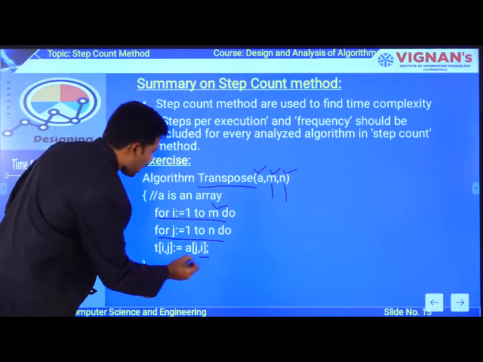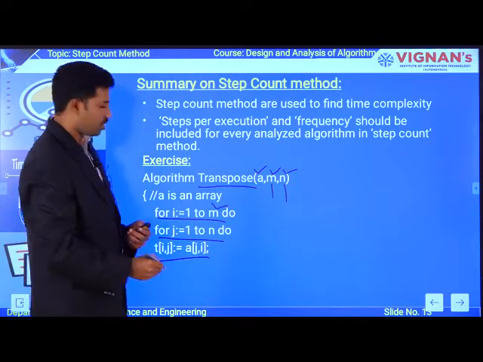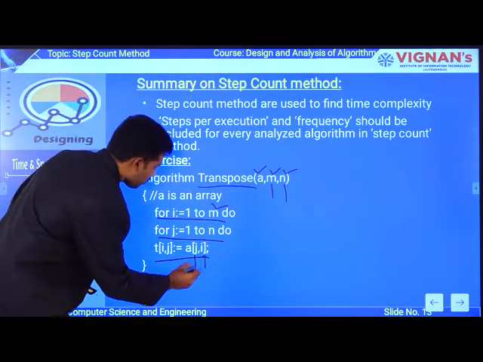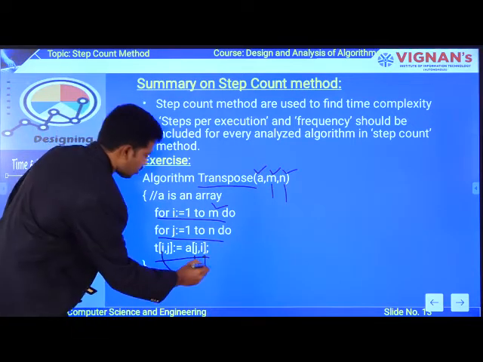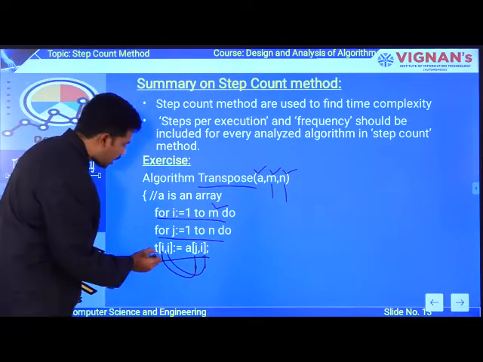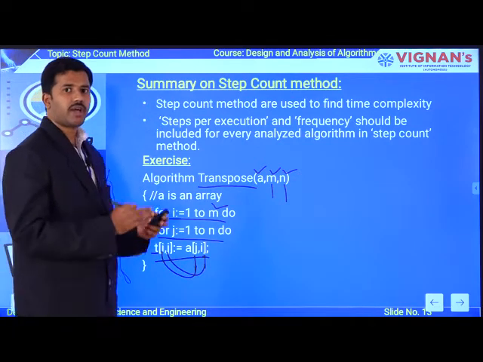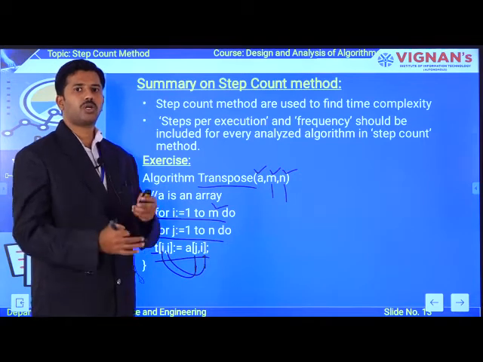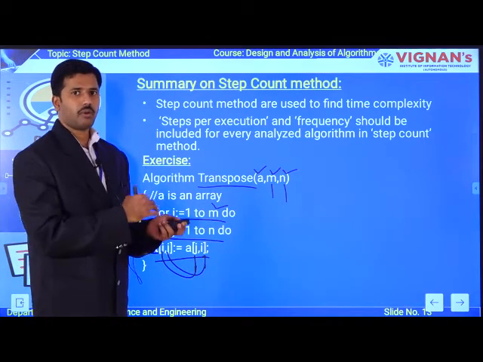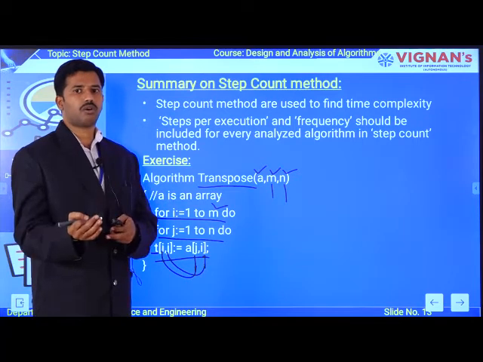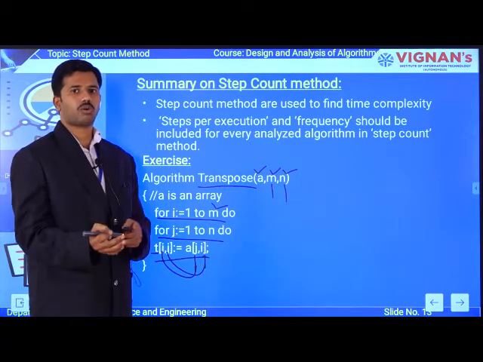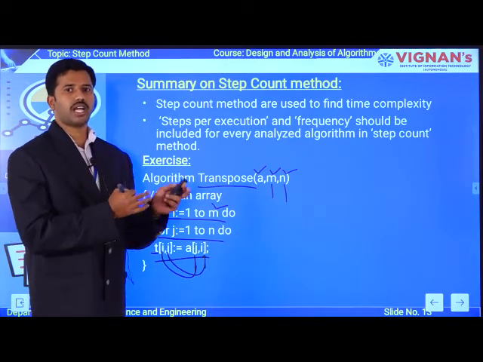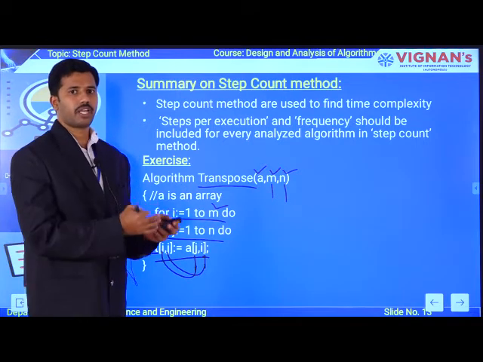So, the main logic inside these two for loops is that the columns as well as rows available in the input array are converted to rows as well as columns in a temporary array, which is T. The rows and columns of A will be changed to columns and rows of T.